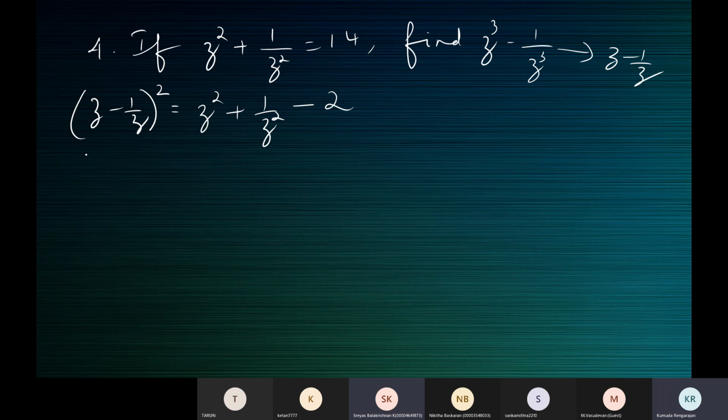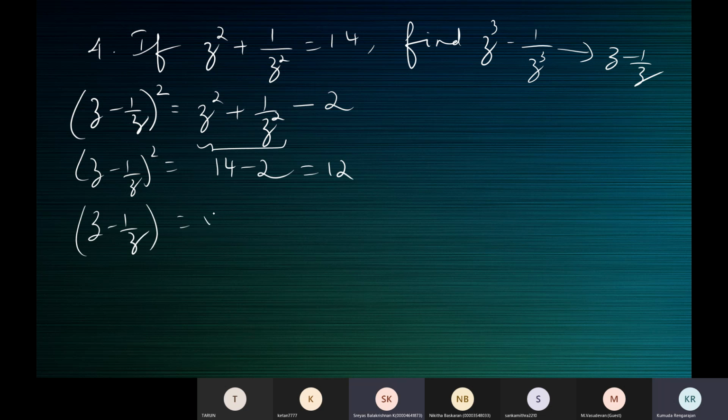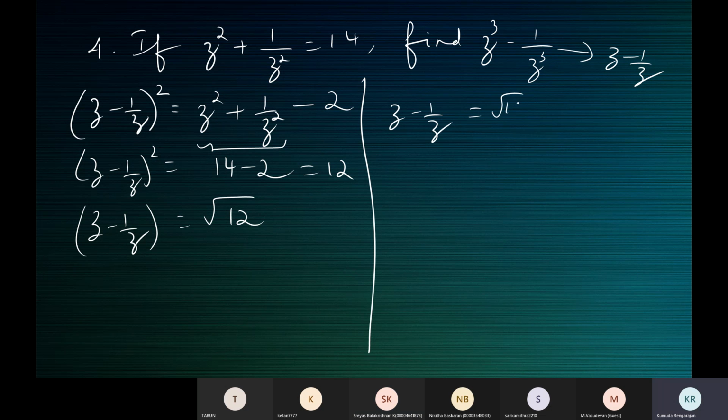So what is z minus 1 by z the whole square? 14 minus 2, which is 12. So the value of z minus 1 by z is equal to square root of 12. Is this correct? Yes, ma'am.